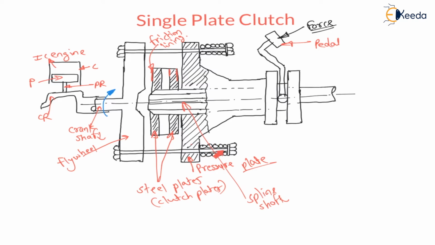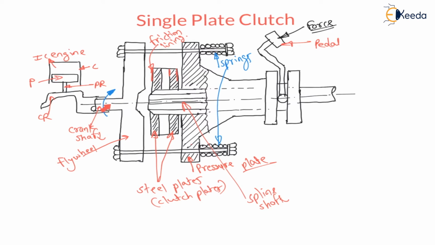And a spring mechanism is used to exert the pressure, right. Here the springs are connected. These are the springs. Over here also there are springs. These springs are exerting force on the pressure plate, and this pressure plate is exerting pressure on the steel plates, so that the steel plate will be in contact with the flywheel, right.